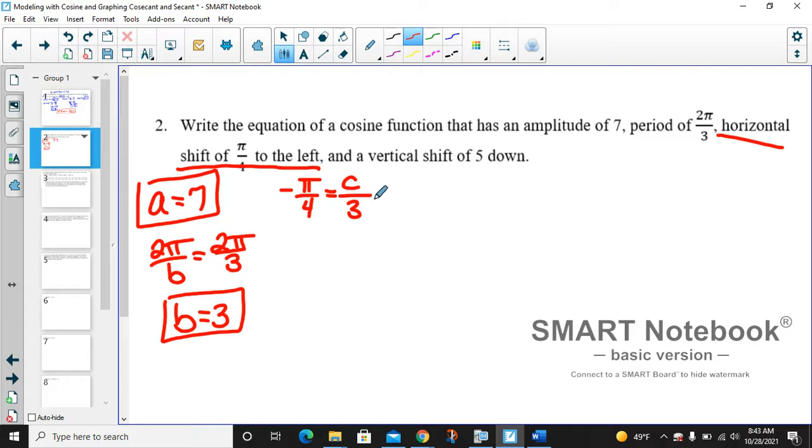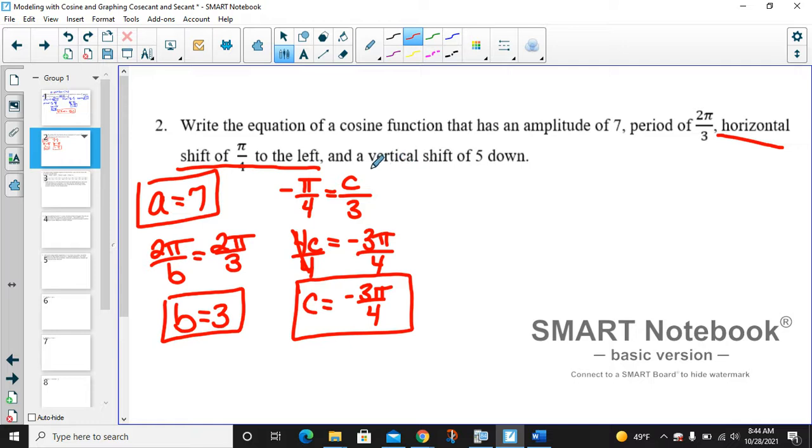So we can cross multiply again, and we will get 4c is equal to negative 3 pi. Of course, it doesn't matter which side you had the negative on here. If you would have said negative 4c is equal to 3 pi, that would work just the same, right? Because now we're going to divide by 4 here, and we will end up with c is equal to negative 3 pi over 4.